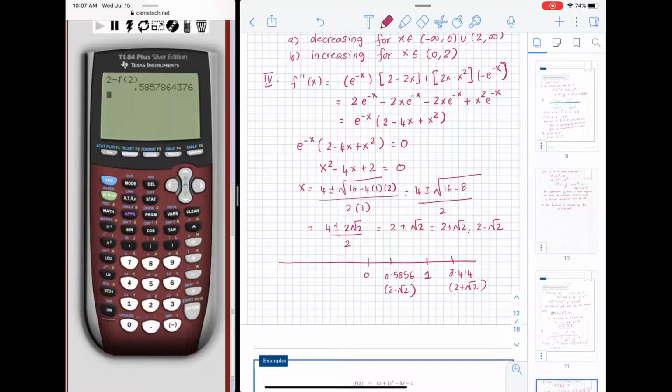So we have to pick an easy number between 0 and 2 minus root 2.